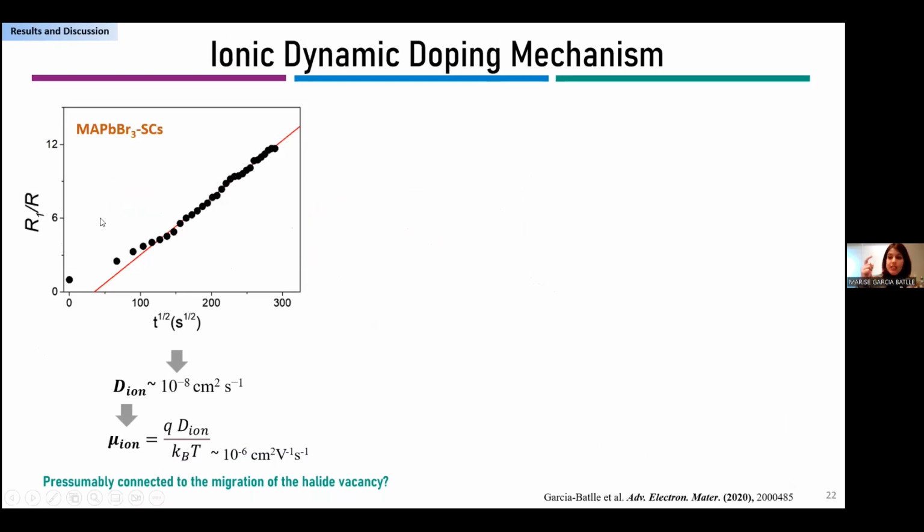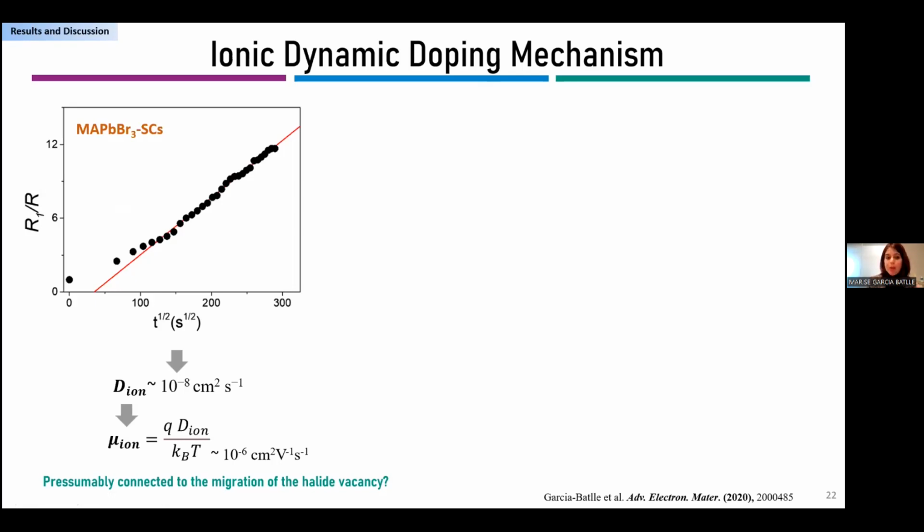When we plot this ratio of resistance as a function of the square root of time, we can extract the diffusion coefficient and ionic mobility. And this is the order of magnitude of both parameters. Because these values were obtained before, we can observe that they are in good agreement with those values reported in the literature, and they can presumably be connected to the halide vacancy.